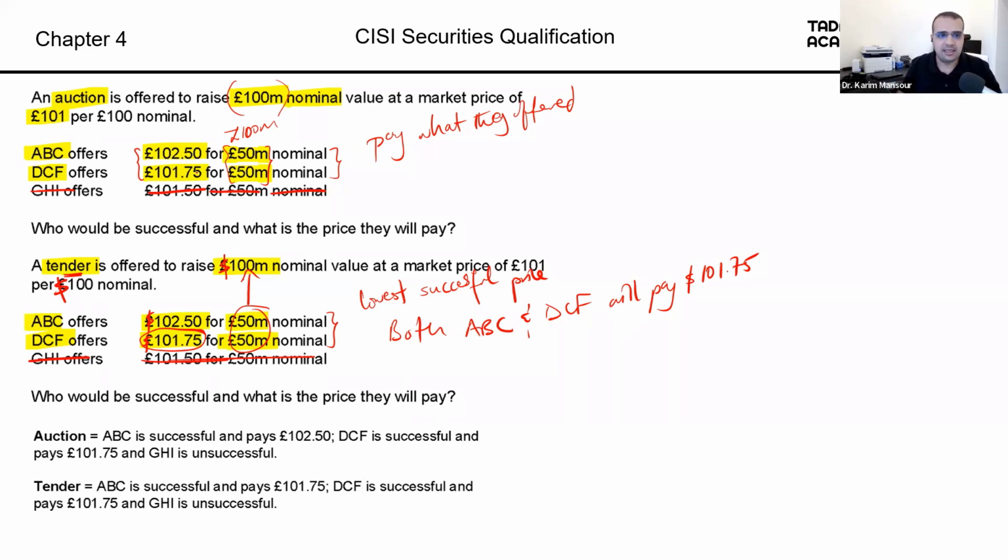You just add the top prices as long as you have raised the requested capital. And then in the UK, you pay whatever you offered. So ABC will pay 102, DCF will pay 101. In the US, it's a tender. And in a tender, all of the winners will pay the lowest successful price. It's very important that you practice this because it comes in the exam.